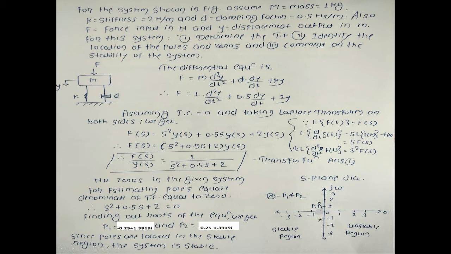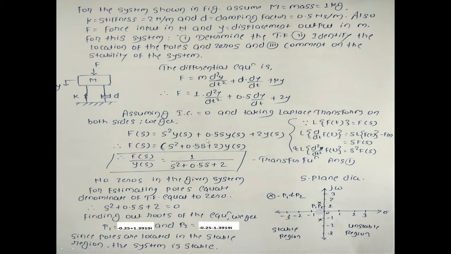For dy by dt, it is s into Y of s, so I'll write s into Y of s with 0.5, which is the damping factor. And for simply y of t, the Laplace transform is Y of s. So I'll write 2 into Y of s.